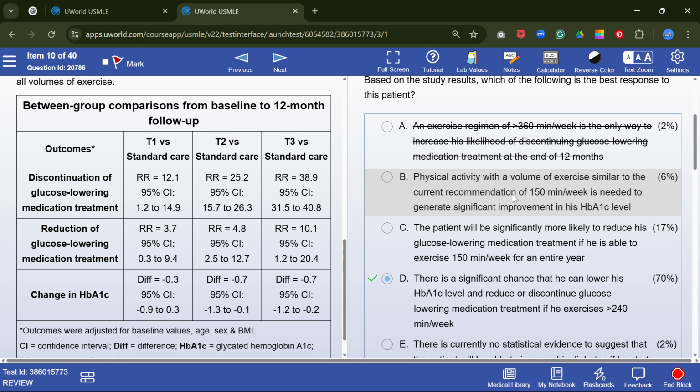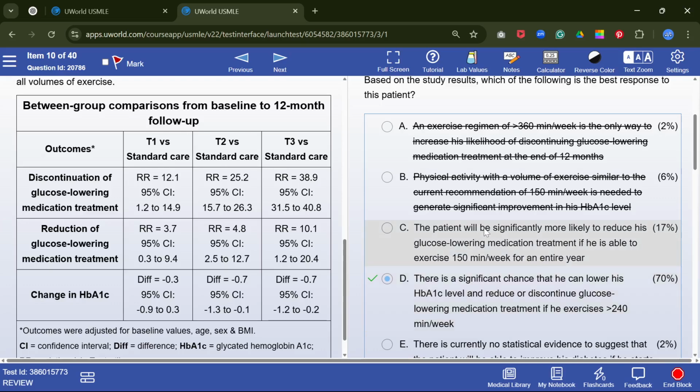So why is it not the answer? That one is a good answer. Yes, it showed improvement in A1C, but look at T2. T2 also shows improvement, even more improvement, because it's 0.7. And T3 also shows more improvement. So that's why it is not.